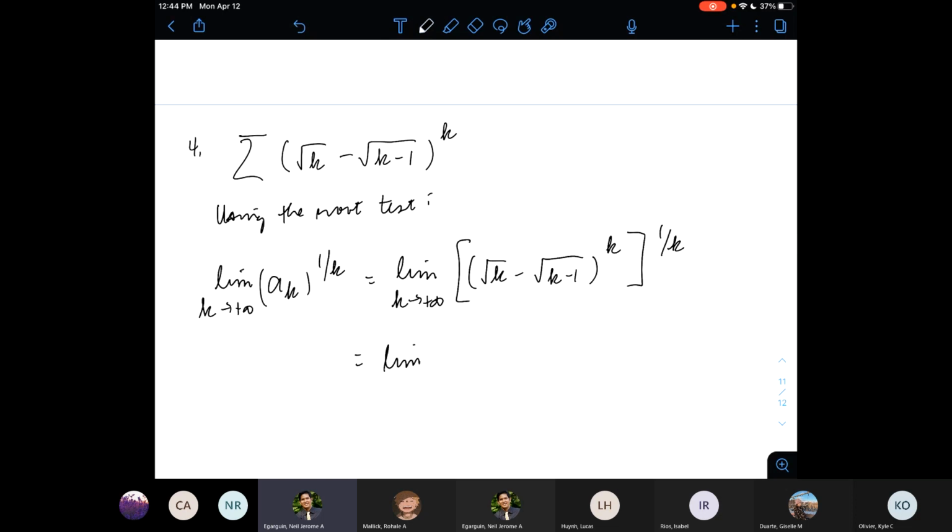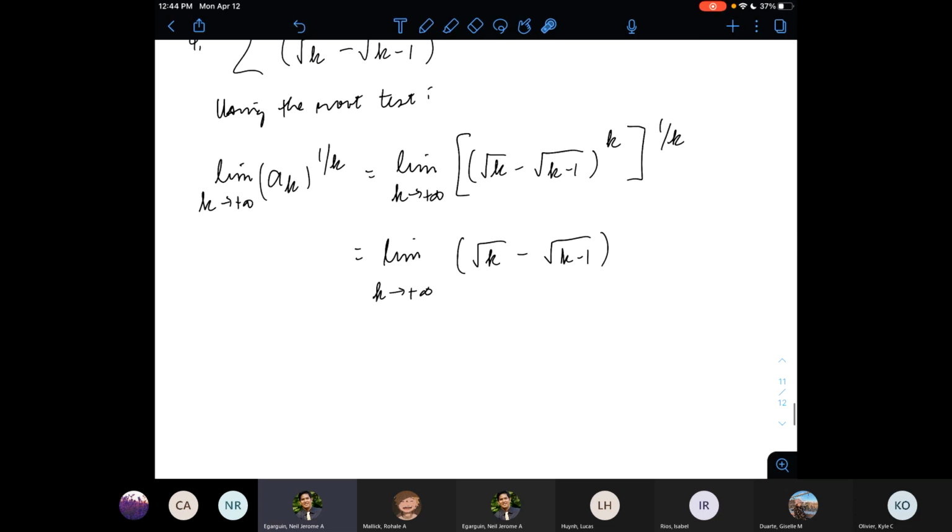And here you will realize why the root test is extremely helpful whenever the indexing variable k is present in the exponent. Because here you see that I'm raising a power to another power. All I need to do is to multiply the exponents. K times 1 over k is equal to 1. So basically, all I need to do here is to evaluate this limit. Right? Because the exponent will just be k times 1 over k, which is equal to 1.